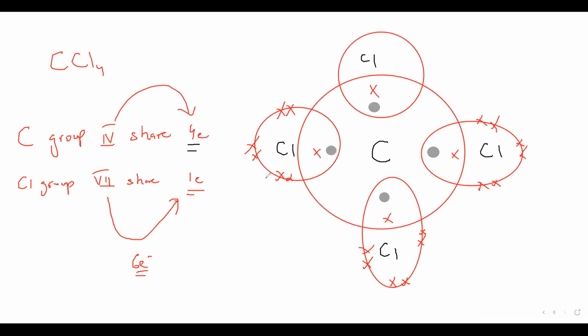And now I gave an example of 4 shared electrons, when the central atom is sharing 4 electrons. Is this example clear?